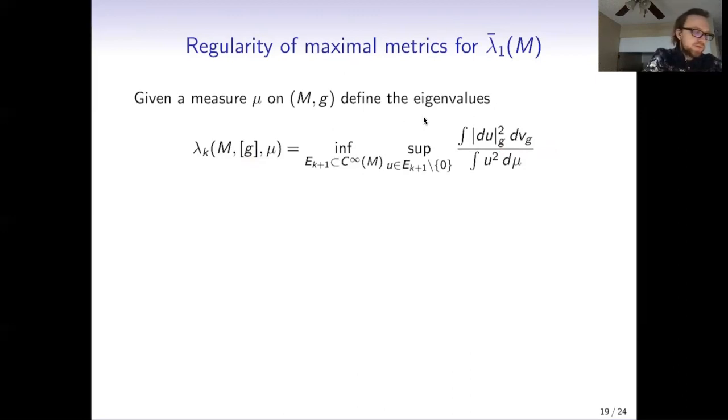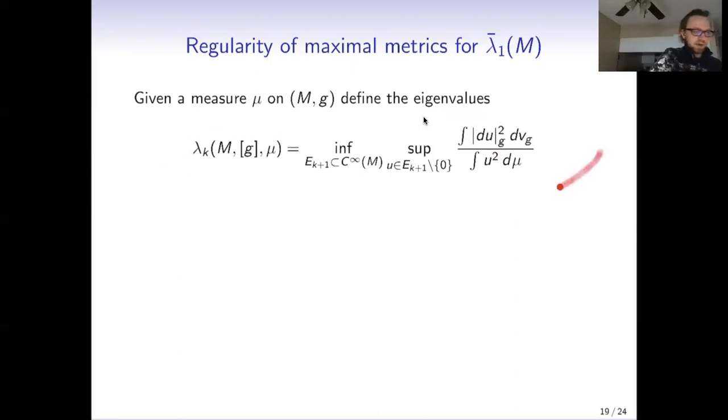So the key feature of this is that in dimension 2, this integral depends only on the conformal class of the metric g, right? So if you take a different metric g in the conformal class, you'll get the same numbers, the same integral in here. And again, this will be elaborated a little bit in the next video.